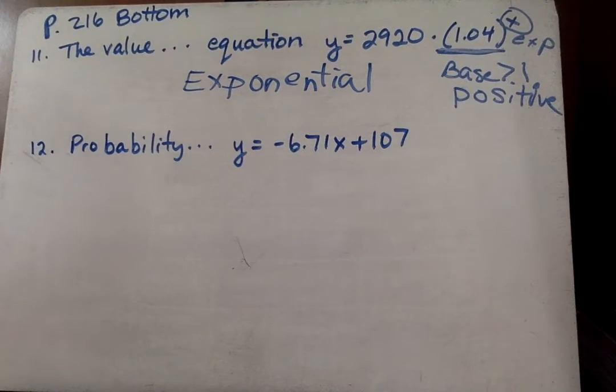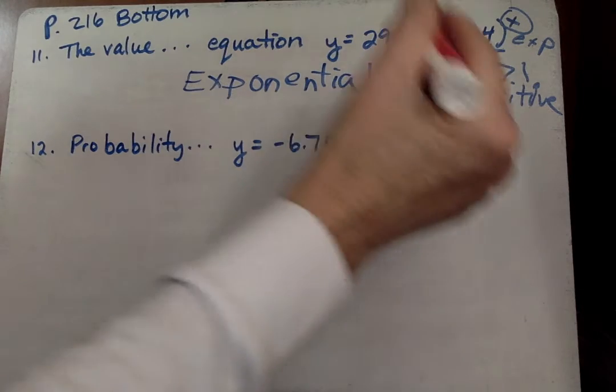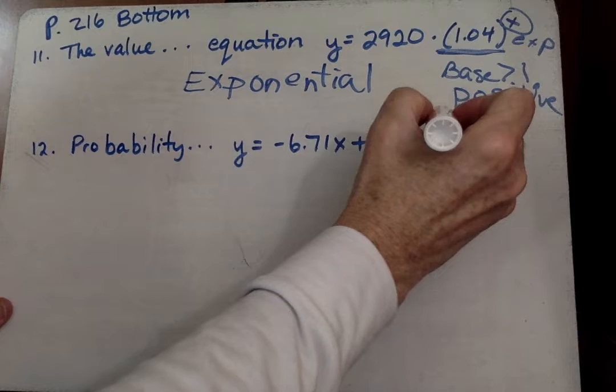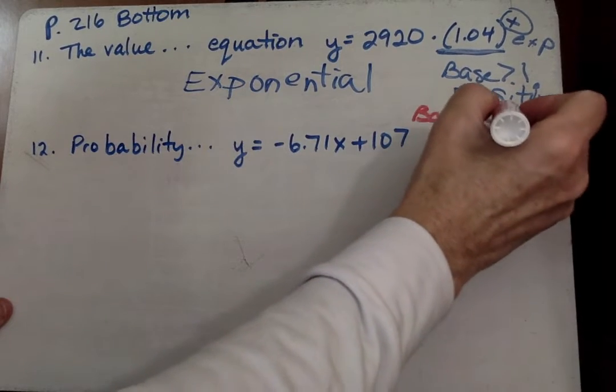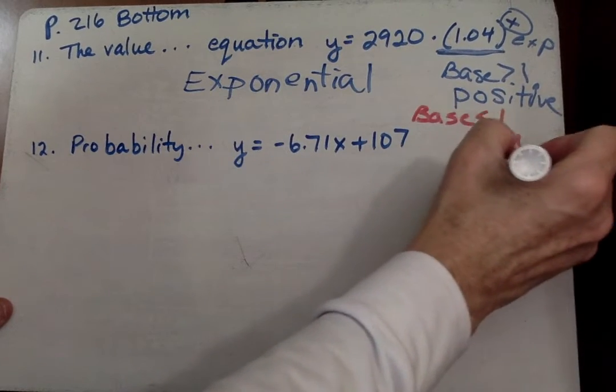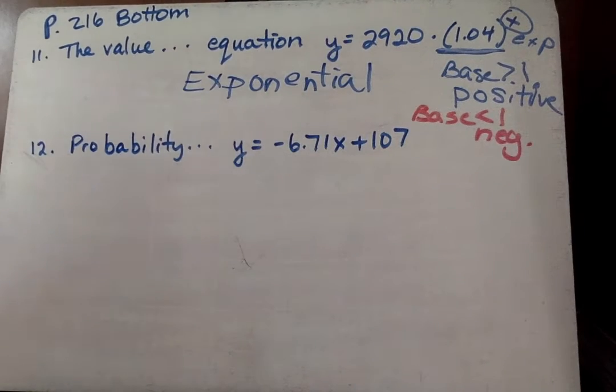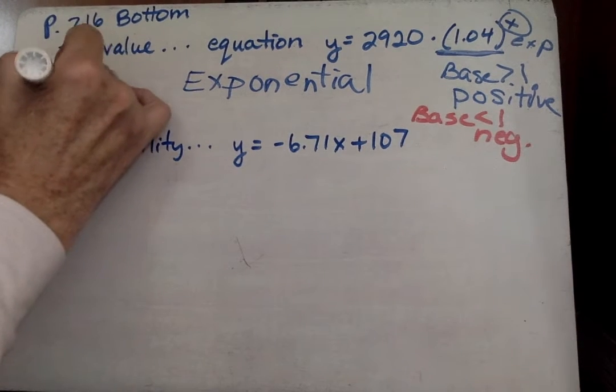If the base is less than 1, it's negative. So we look at that base. Is that less than 1 or greater than 1? It's greater than 1, so it has to be positive exponential.